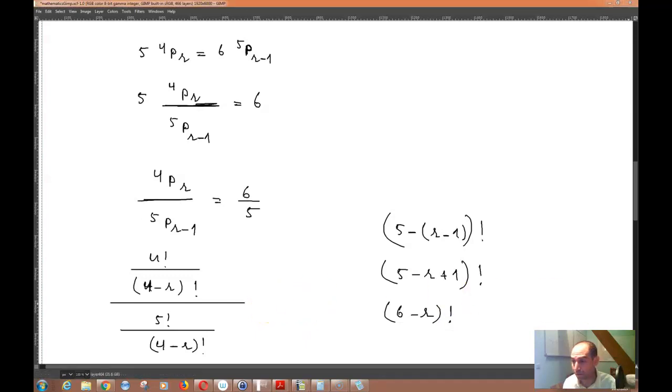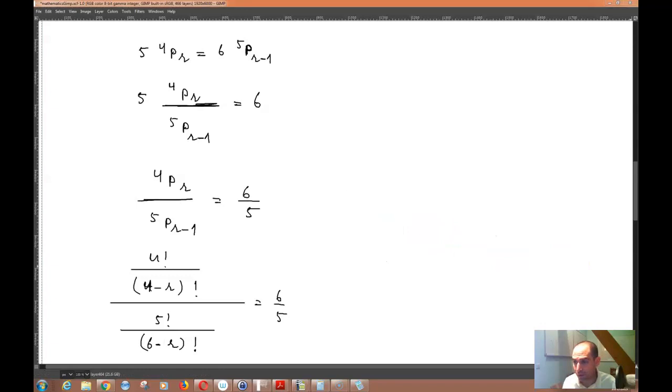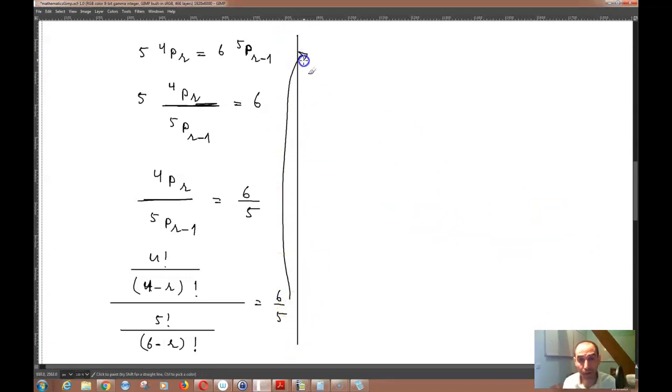6 minus r factorial, which is the same thing as 6 minus r factorial, and that is equal to 6/5. Now what I can do here is write this up here.